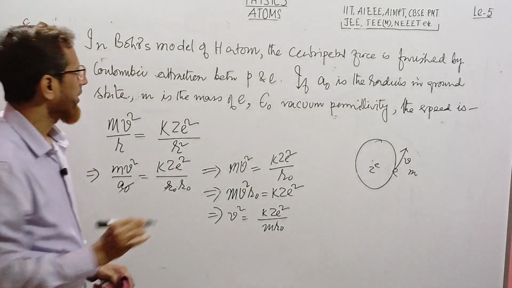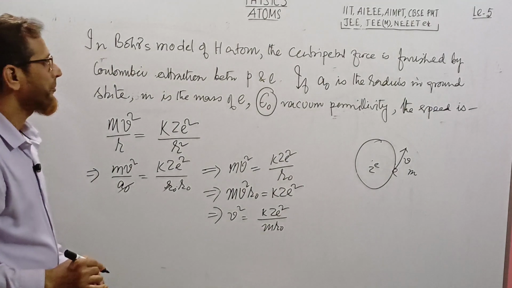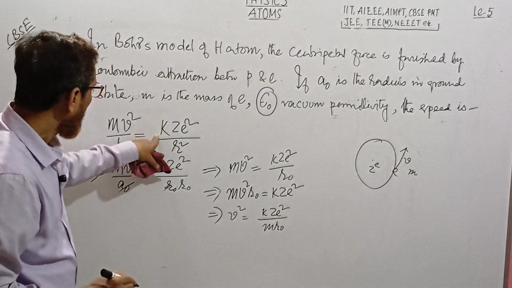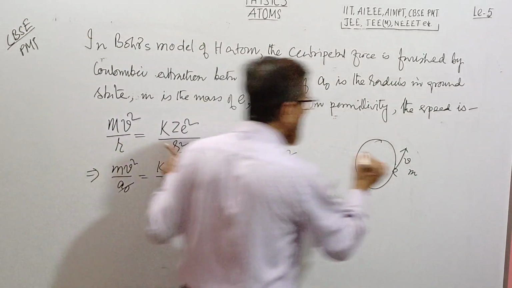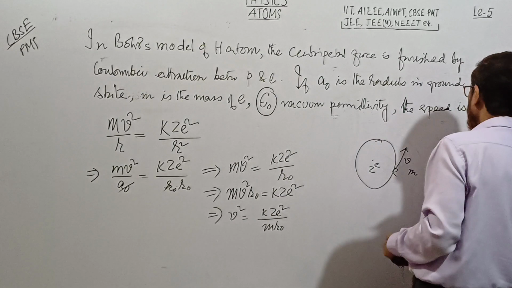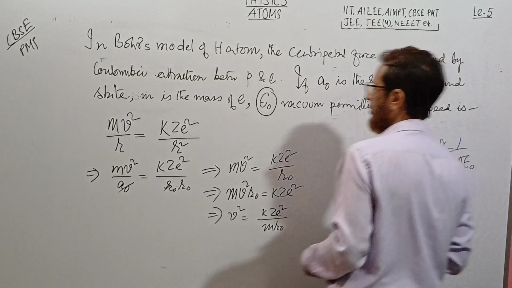One thing I have missed here, epsilon naught is equal to vacuum permittivity. Here we know that k is a constant, but when it is given epsilon naught, we know the value of k is equal to 1 by 4 pi epsilon naught.